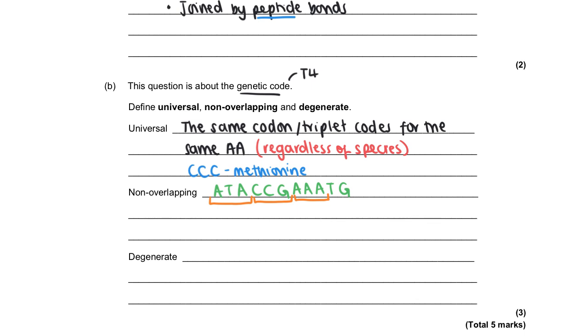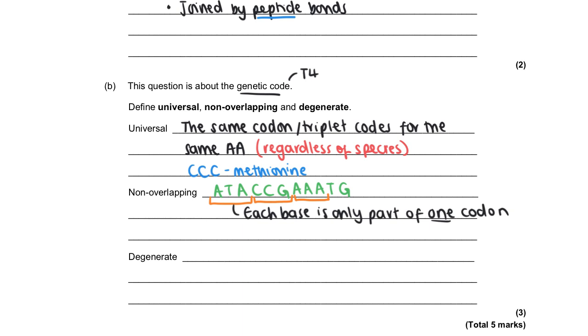And in the mark scheme, the way you needed to explain this is that each base is only part of one codon. Okay, so you can see here the A, the T and the A are read once.